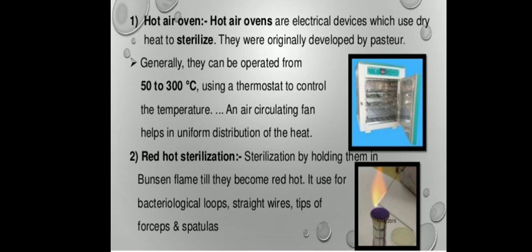We can increase the temperature of a hot air oven from 50 to 300 degrees Celsius by using a thermostat. A thermostat is used to control the temperature in different devices, and by using it we can control the hot air oven temperature.